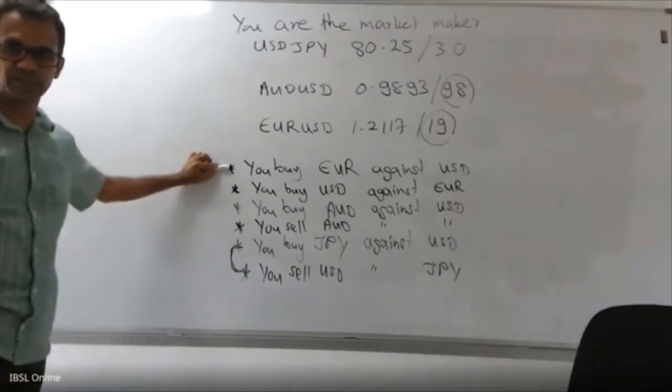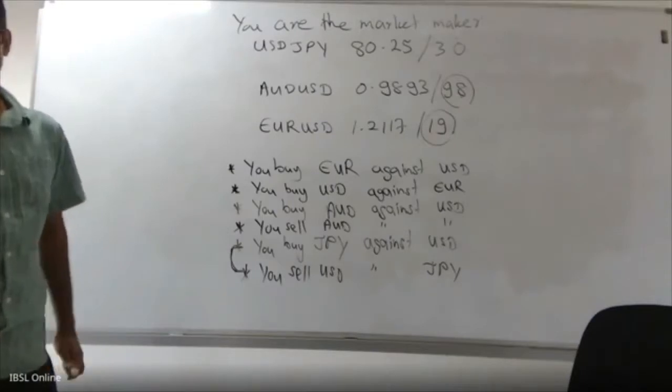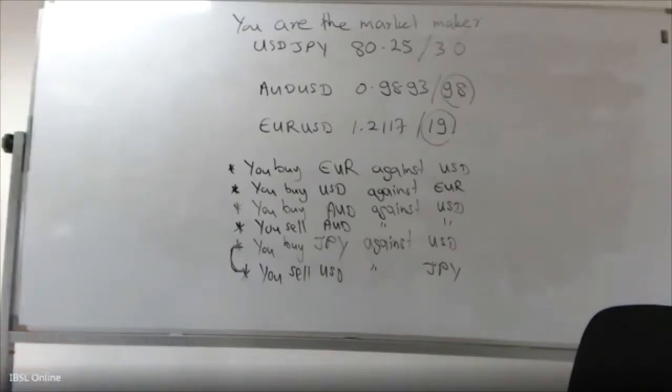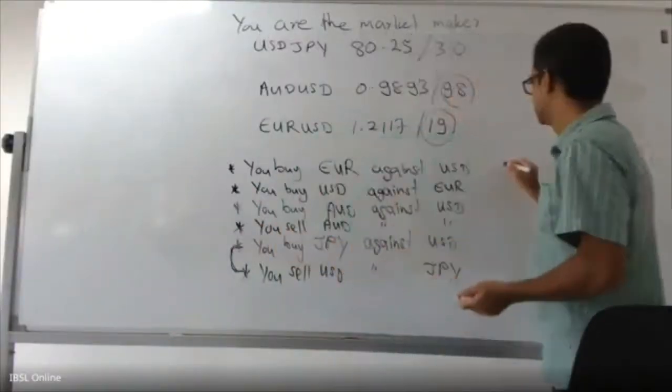You are the market maker. Market maker buys euro at 1.2117, at the bid.